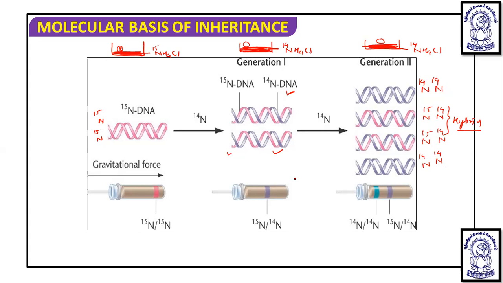This heavy DNA molecule, which has the heavy isotope, can be distinguished from the normal DNA by centrifugation. Normal DNA has the N14 isotope.